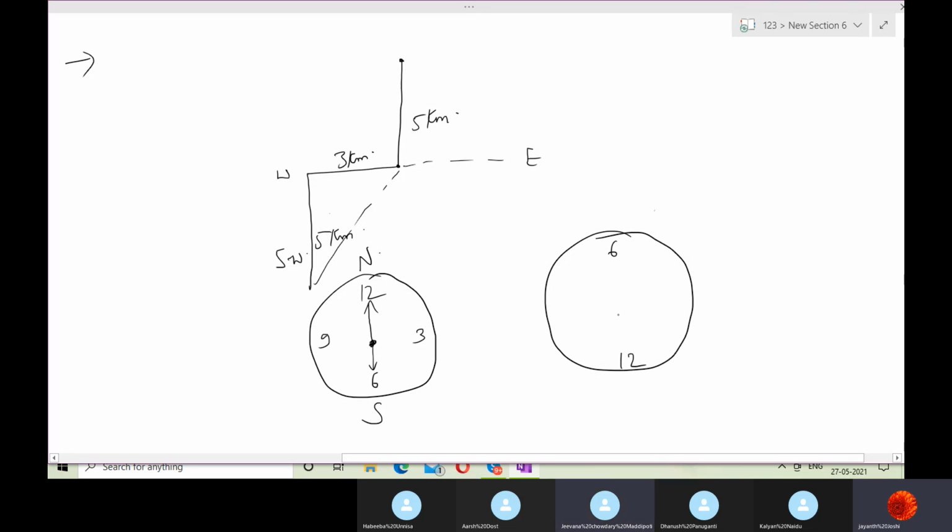So the hour hand is here, the minute hand is here. Now Rahul has put his timepiece on the table in such a way, so it is an inverted timepiece now.